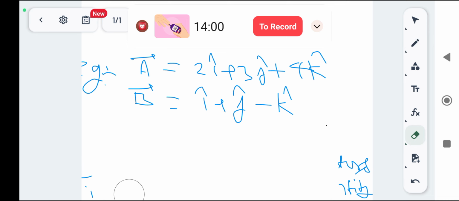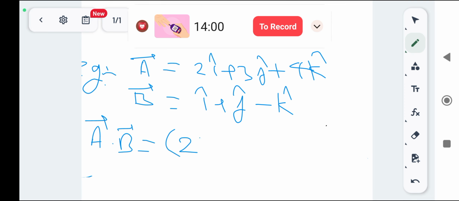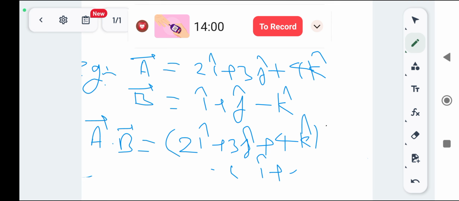Then a dot b is equal to (2i plus 3j plus 4k) multiplied by (i plus j minus k).